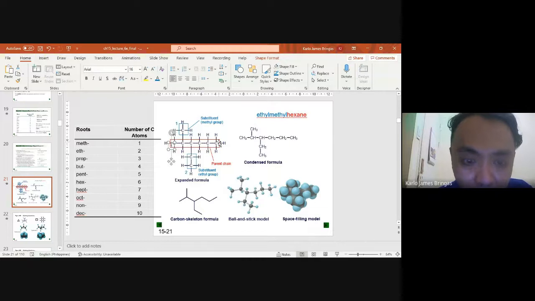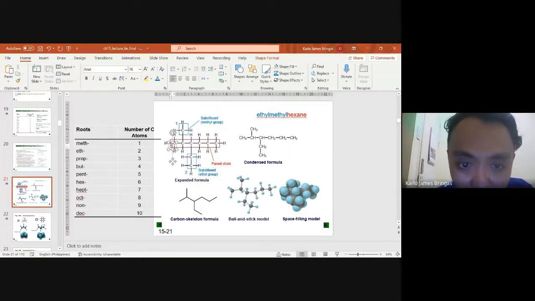So on the left, we have carbon number 1, carbon number 2, 3, 4, 5, and 6.